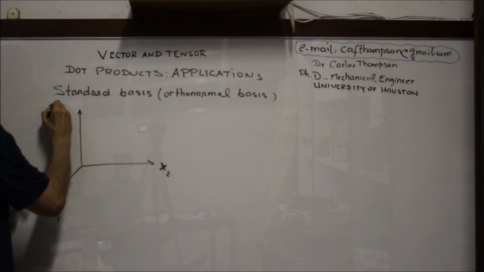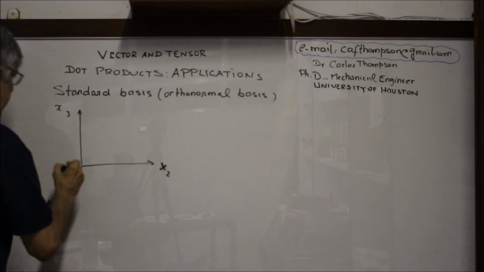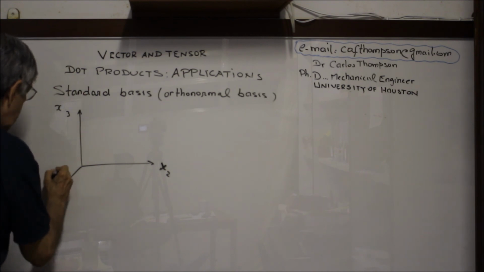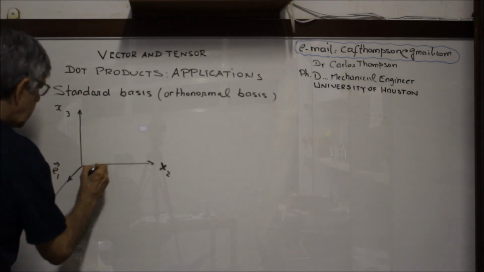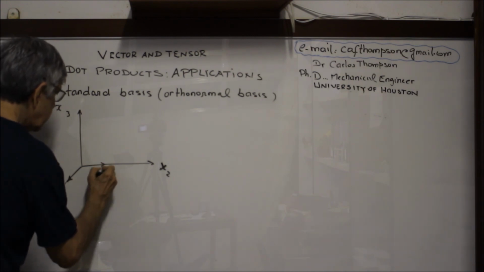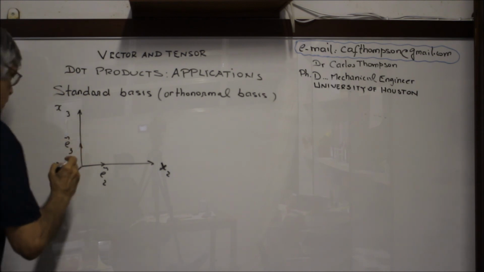Then the unit vector on this x I call e1, and here let's put e2, and here e3.